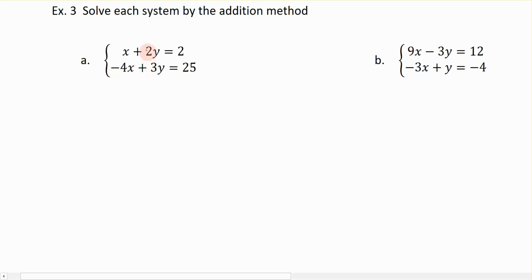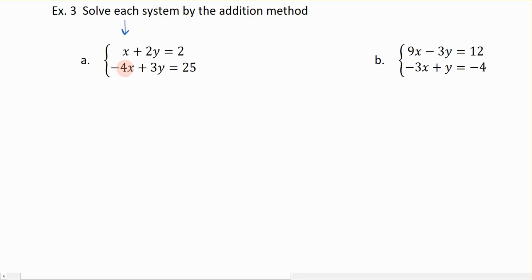So if I look at these four variables here, I get the choice: do I want to get rid of the x's or do I want to get rid of the y's? Well, I'm going to choose to get rid of the x's, and this is why.